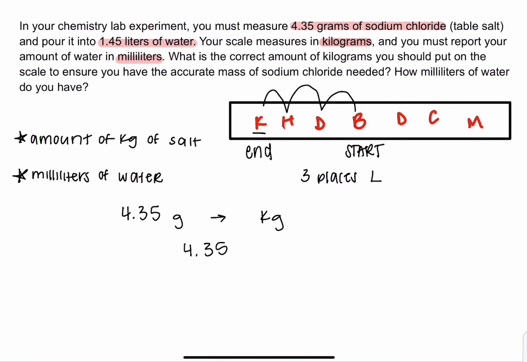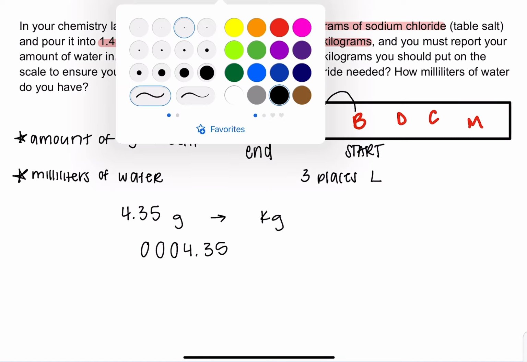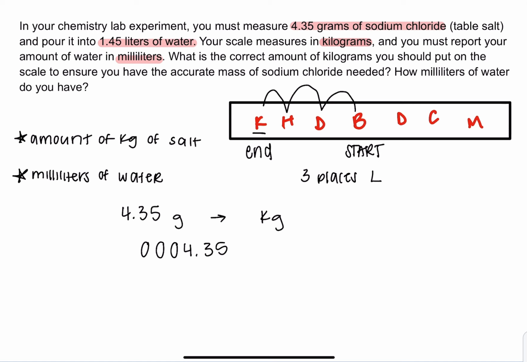And since we have to move to the left 3 places, I'm going to add some extra zeros over to the left of this 4. Now let's actually move our decimal 3 places to the left. We start here and we go 1, 2, 3. And so our new value is 0.00435. And this is kilograms of sodium chloride.